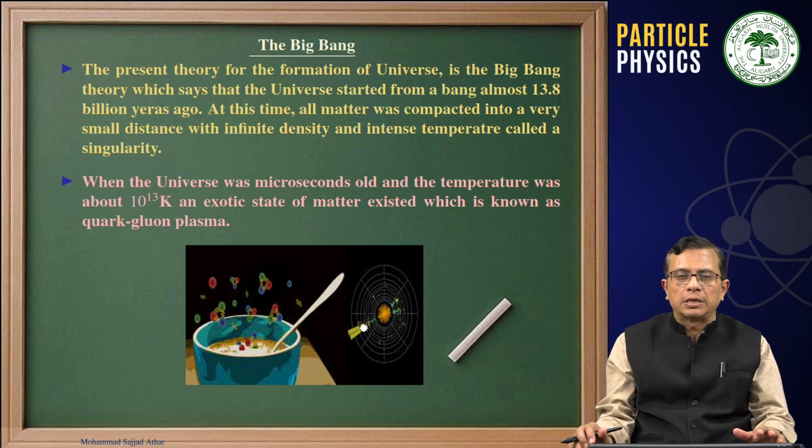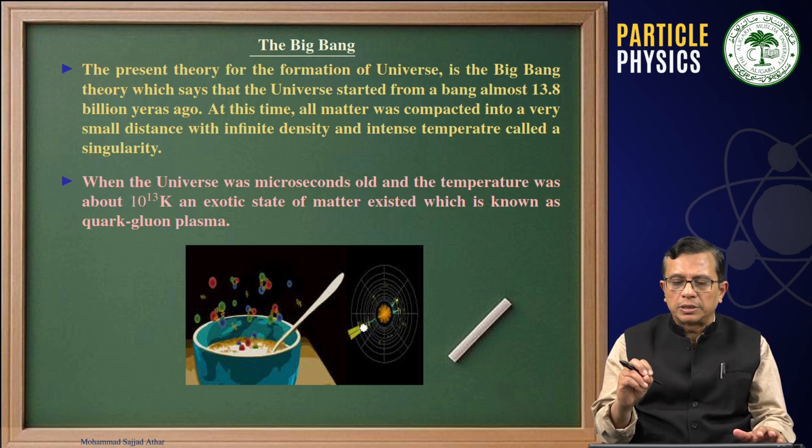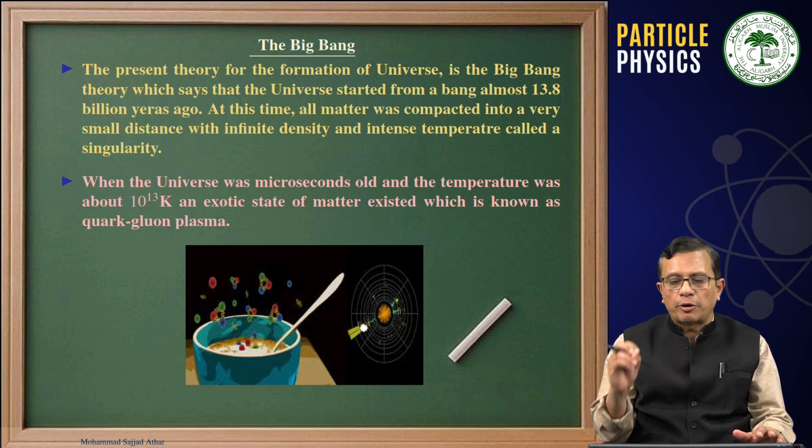Just to recall in 5 or 6 minutes what we have discussed: the present theory for the formation of the universe is the Big Bang theory, which says that the universe started from a Big Bang almost 13.8 billion years ago.